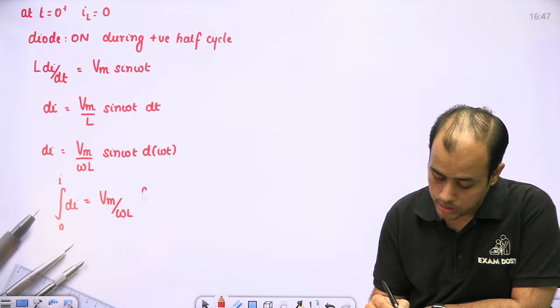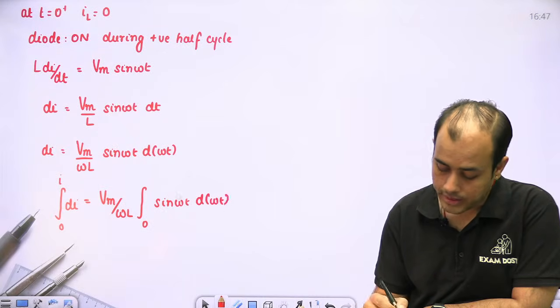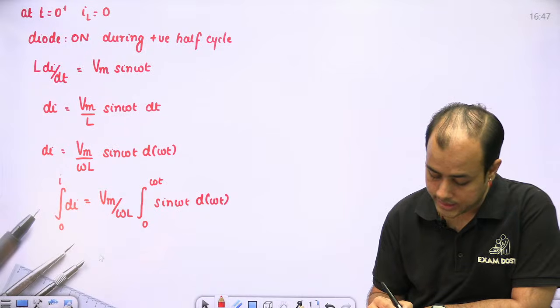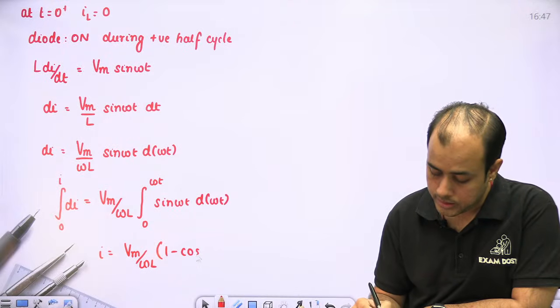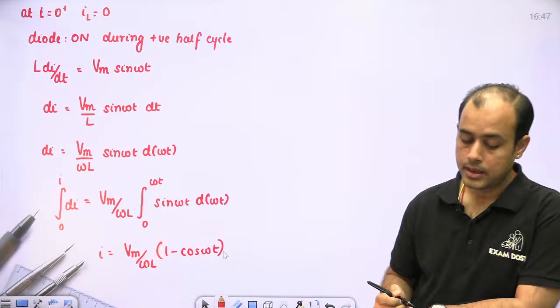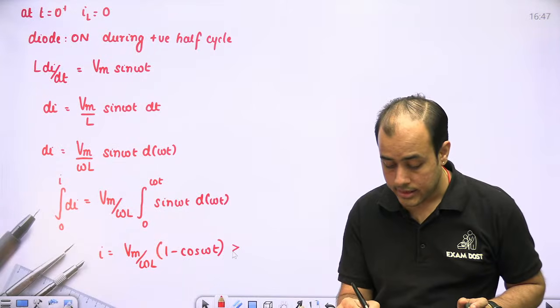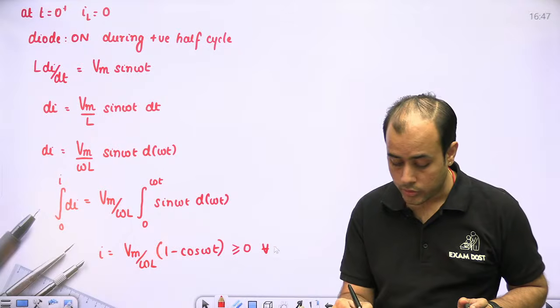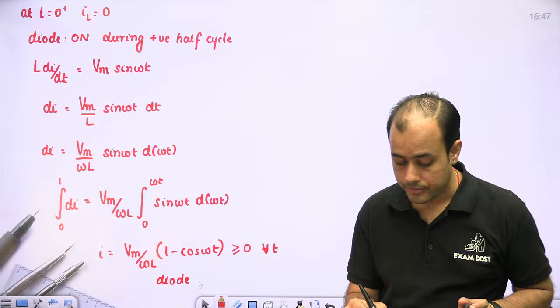Suppose at t equal to 0, current was 0, and at t equal to some time t or angle equal to omega t, current is I. So integration of sine is minus cos. If you put the limit, 1 minus cos. Now 1 minus cos omega t, the speciality is it is greater than or equal to 0 for all t. So diode never turns off.